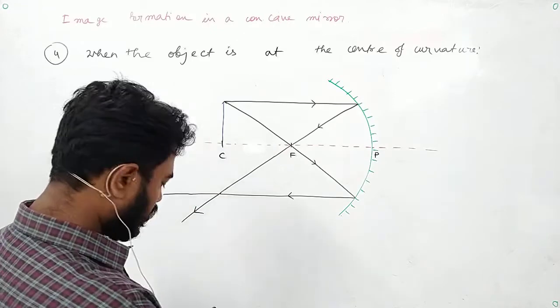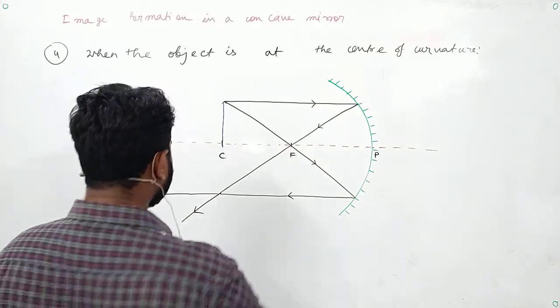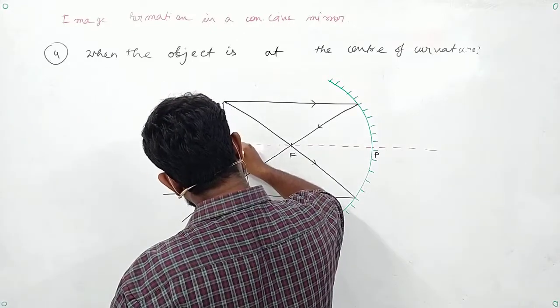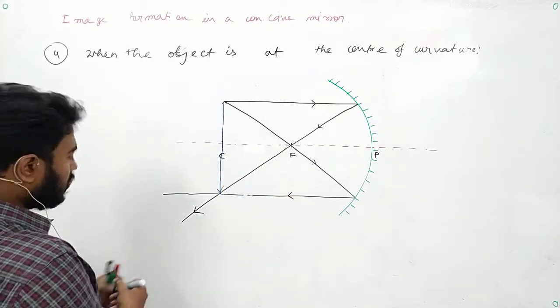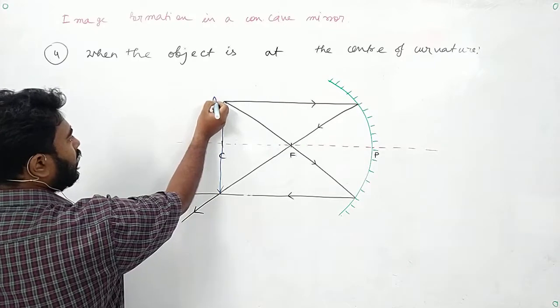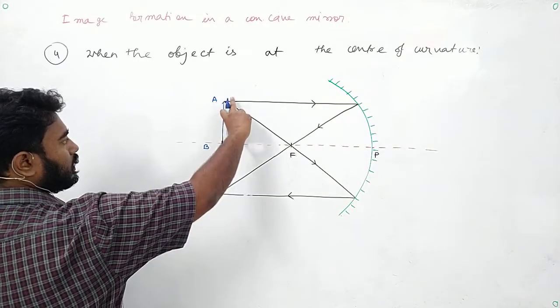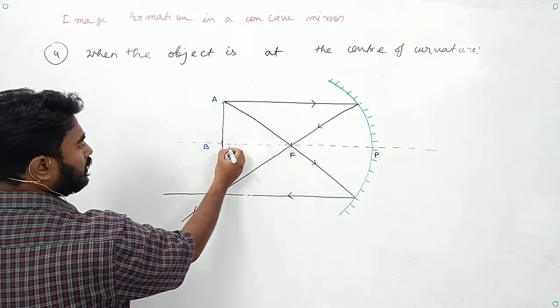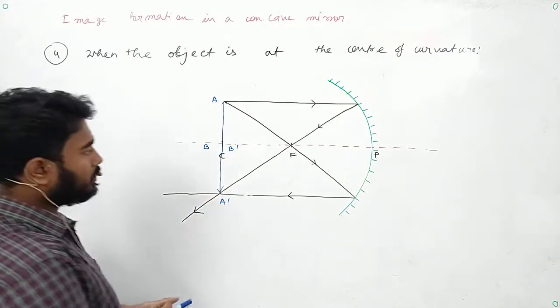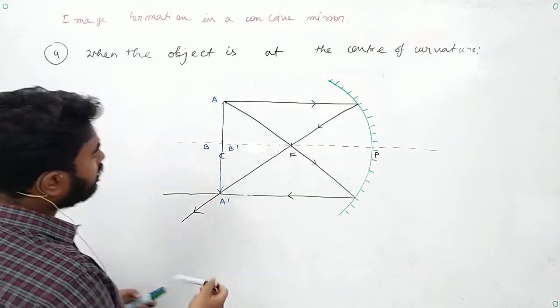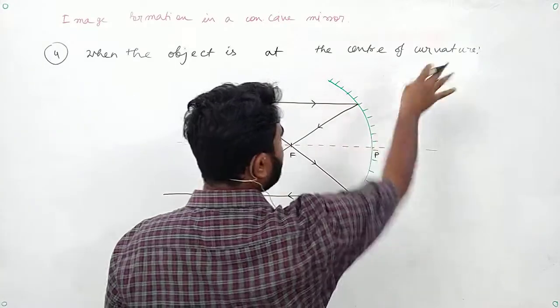Now when the ray is parallel to the principal axis, this will be the image. So if I write AB, this one as the object, then B dash A dash, this one will be the image. So what we find is that the object is at the center of curvature.